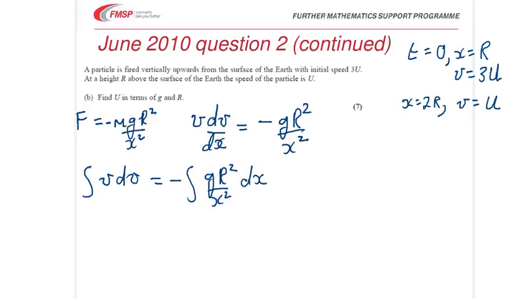And carrying out that integration, we get v squared over 2 is gr squared over x plus a constant. Now, this is where the conditions that they gave us, that I've listed at the top here, come into it. So let's go to the next page to finish this.